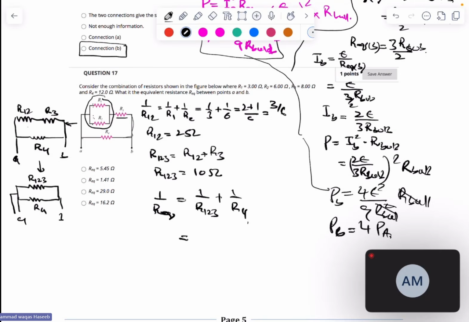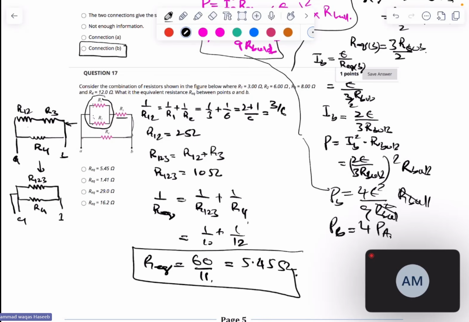Then you will have the total resistance calculated like this: 1 over R123 is 1 over 10 and 1 over 12, and when you solve this you will get R equivalent is 60 divided by 11, which is 5.45 ohm.